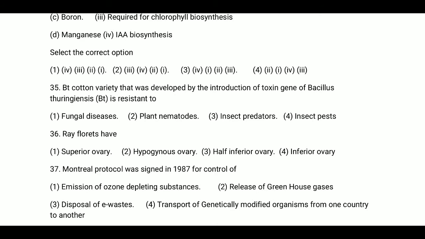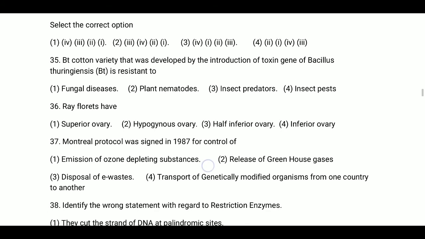Then ray florets have superior ovary, hypogynous ovary, half inferior ovary, inferior ovary. If you remember inflorescence topic, you can answer this question. For ray florets, the right answer is inferior ovary. The ovary is inferior to thalamus.